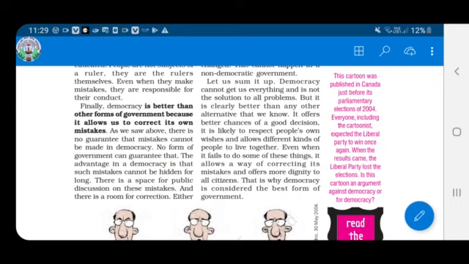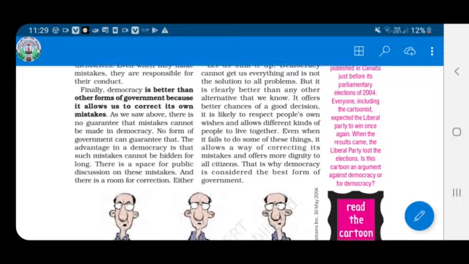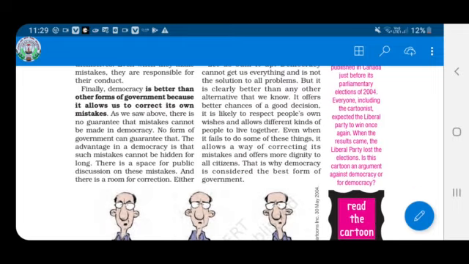There is no guarantee that mistakes cannot be made in democracy. No form of government can guarantee that. The advantage in a democracy is that such mistakes cannot be hidden for long. There is a space for public discussion on these mistakes, and there is room for correction.